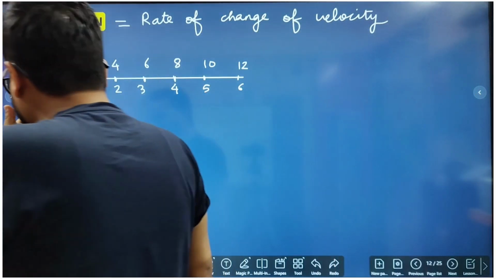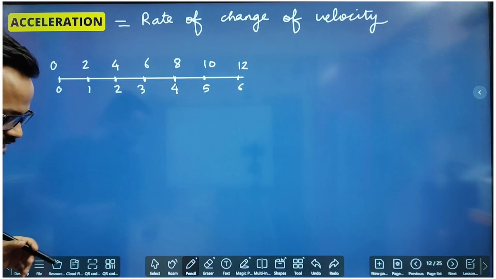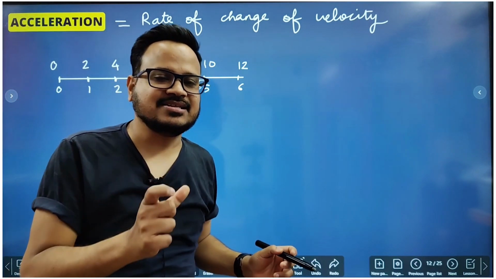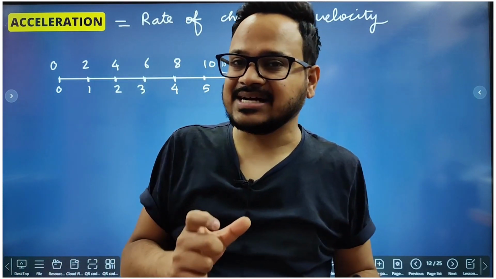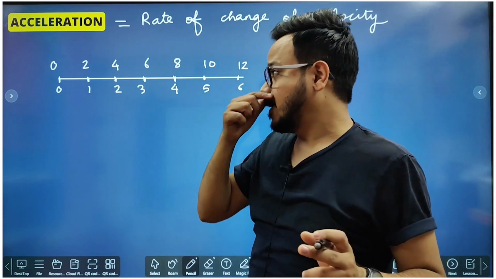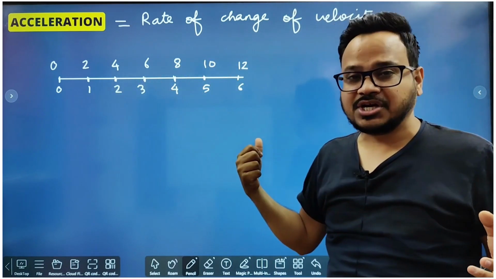Okay, so we can say that the speed of the body is increasing by 2 meter per second in 1 second, and this value is called acceleration. We are talking about the rate of change of speed and velocity. We are strictly discussing straight line motion.